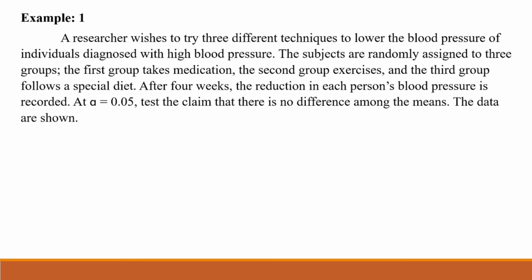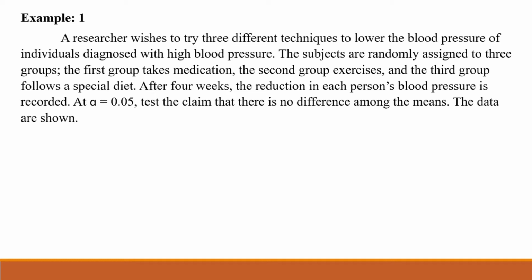For example number 1, the researcher wishes to try 3 different techniques to lower the blood pressure of individuals diagnosed with high blood pressure. The subjects are randomly assigned to three groups. The first group takes medication, the second group exercises, and the third group follows a special diet.